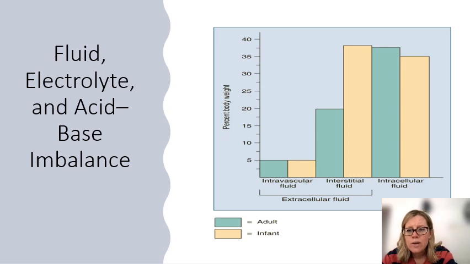And then with children, 65 to 70% of their total weight, okay? So it's significantly higher in infants and children than it is for adults, which is why fluid loss can impact infants and kids so much worse than adults, okay?